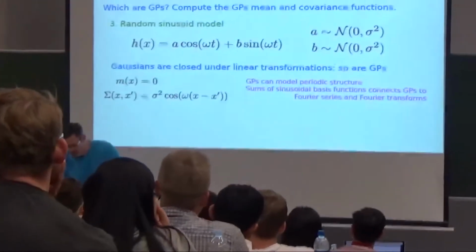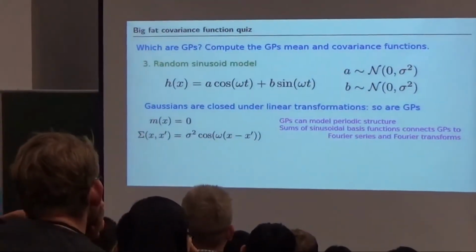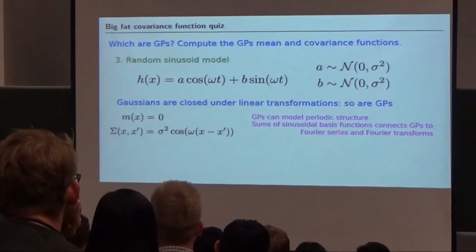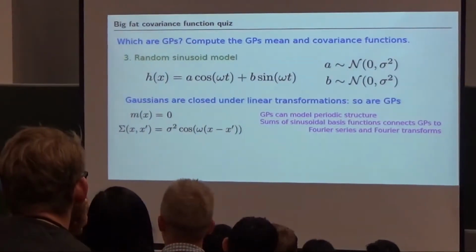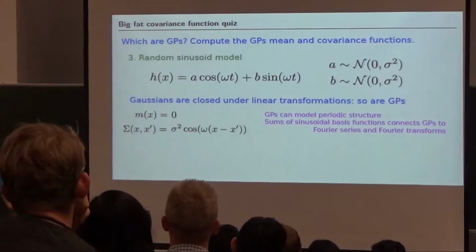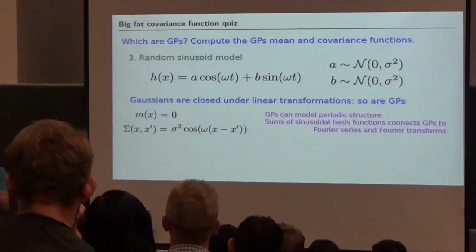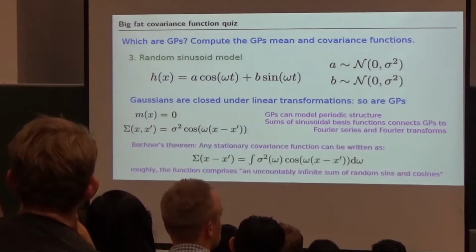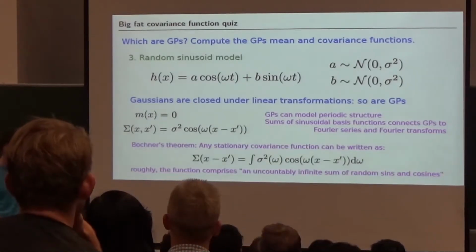And that expression looks really like a Fourier series. And in fact, using this way, you can build a connection between Gaussian processes and Fourier series and view inference in GPs as inference of the terms in a Fourier series. Similarly, you can connect it to Fourier transforms.